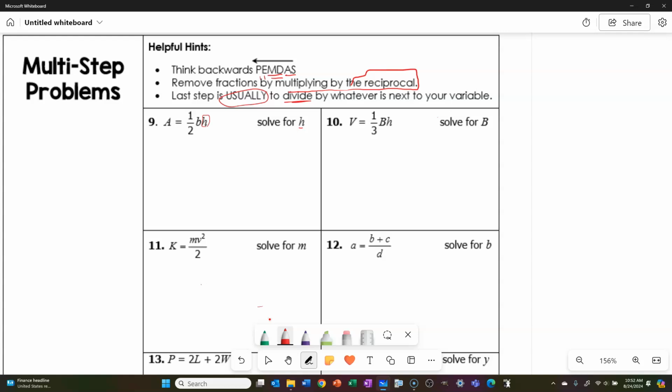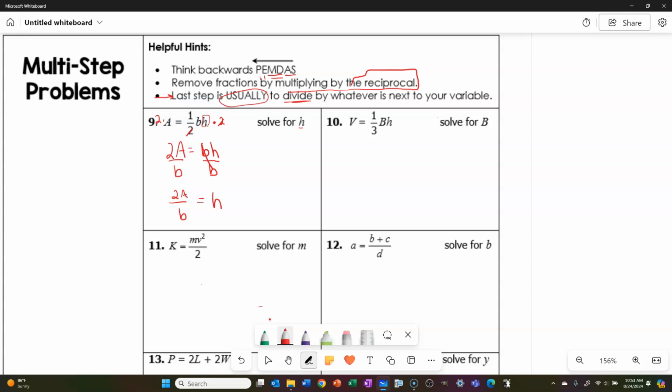To get rid of this 1/2, I'm going to multiply both sides by 2, and that gives me 2a. Then I'm just left with bh. To get the h by itself, the last step is usually to divide by whatever is next to your variable. What's right next to my variable is this b, so I'll divide both sides by b. That gives me h equals 2a divided by b.